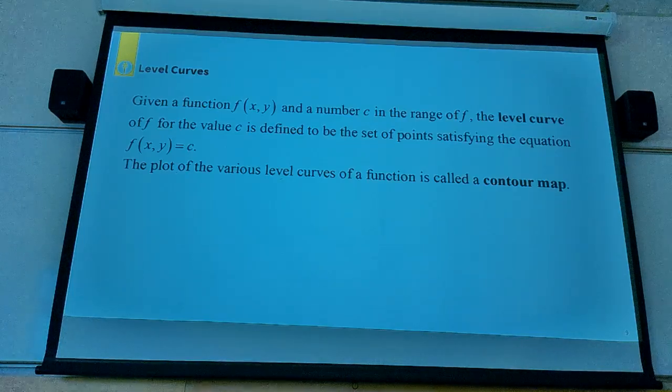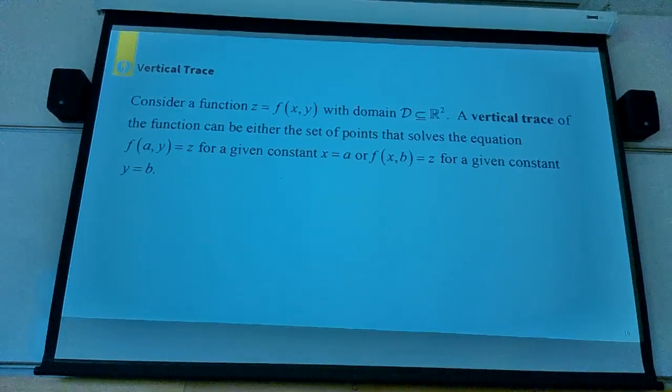Those are, again, level curves for different temperatures. Then you also have the vertical trace, which for the sake of time, I'll let you read on your own.